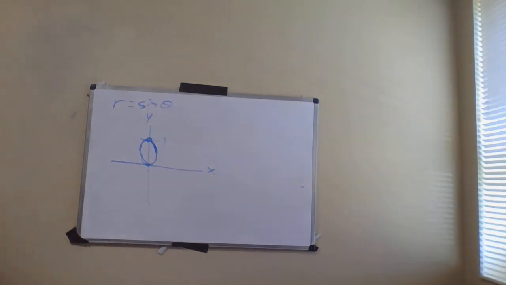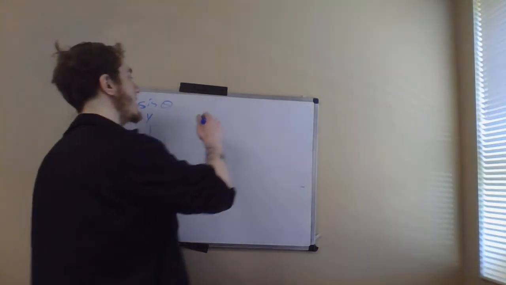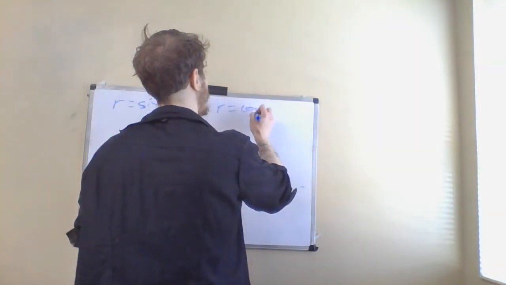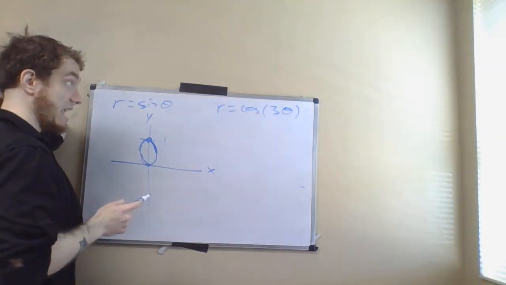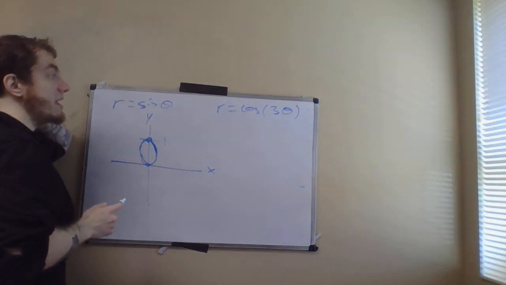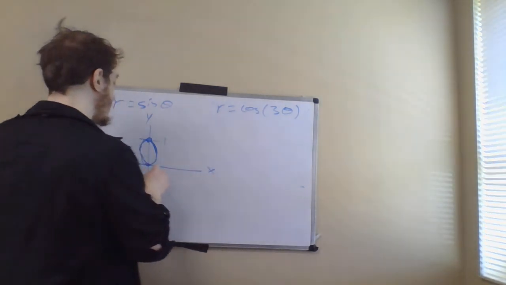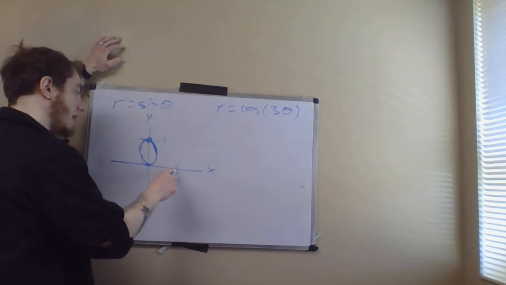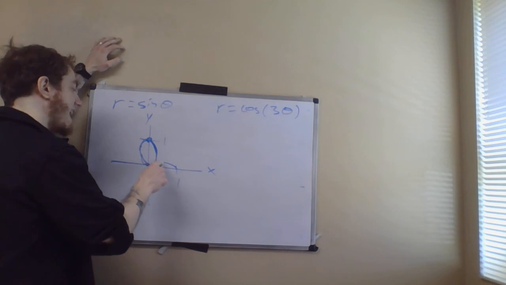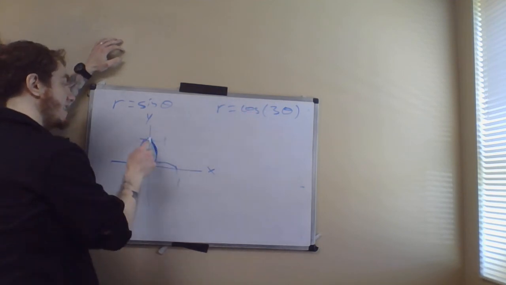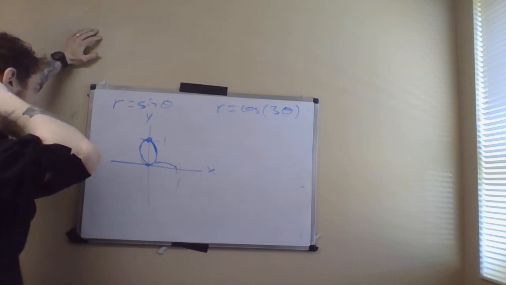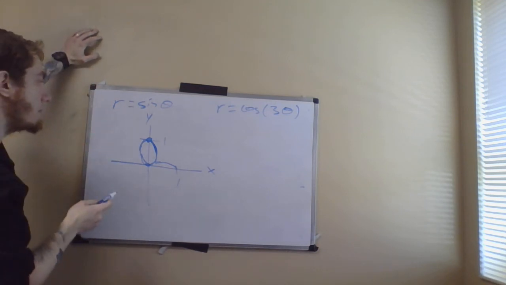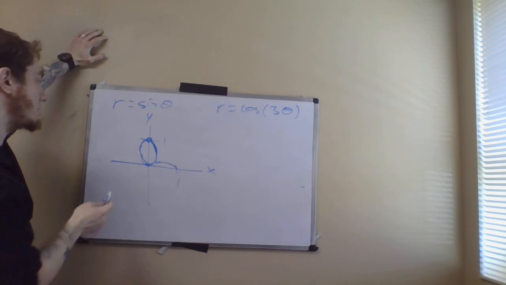And you can play around with other types of things like this. Like, let's say that we do r is equal to the cosine of 3 theta. Well, what you're going to end up doing here is going from 1 to 0. So you start out here at 1. You would come back to 0 when 3 theta is equal to pi over 2. And then you would start being negative from 3 theta being pi over 2 to pi.